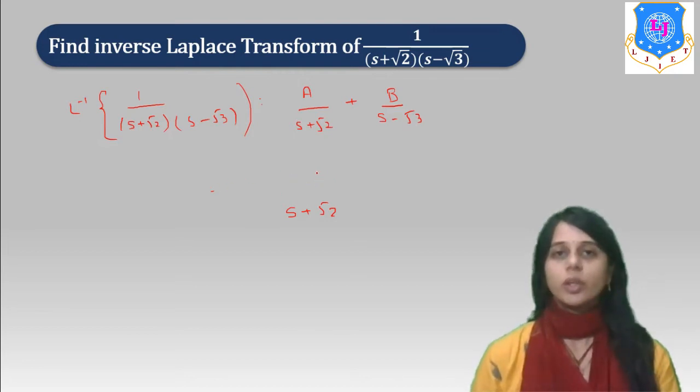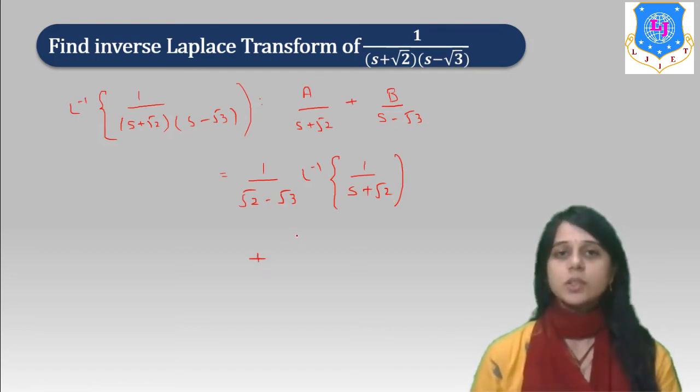A is 1 upon (under root 2 minus under root 3), Laplace inverse of 1 upon s plus under root 2, plus B, which is 1 upon (under root 3 plus under root 2), Laplace inverse of 1 upon s minus under root 3.